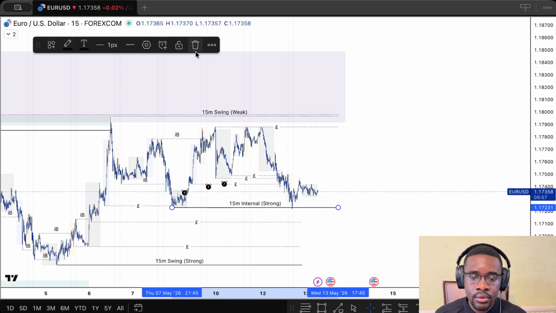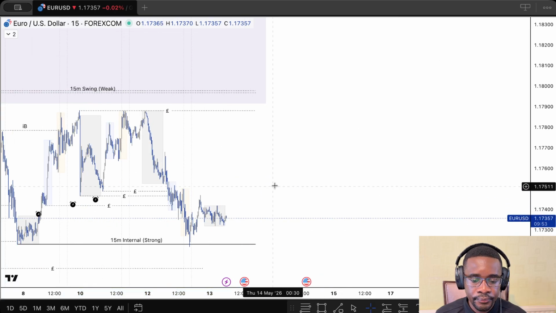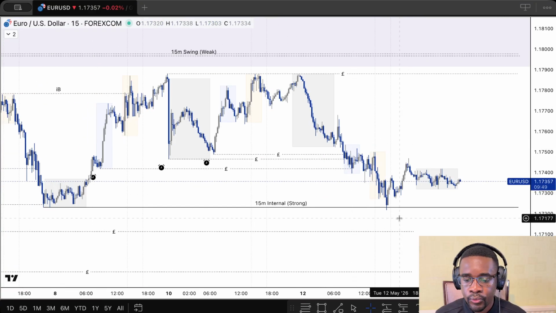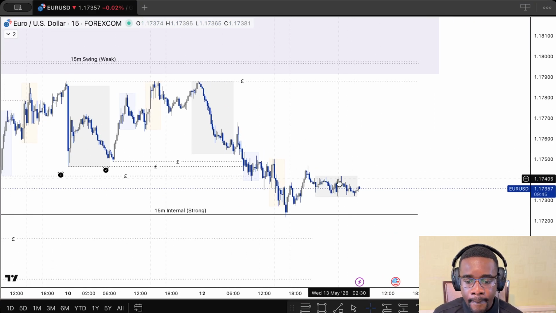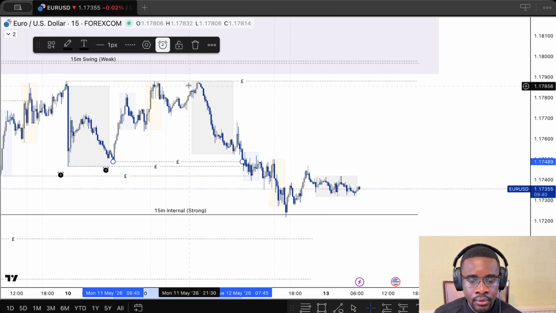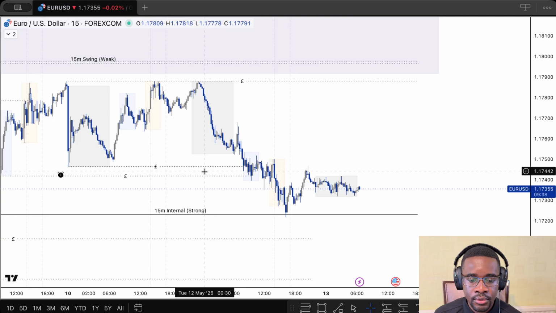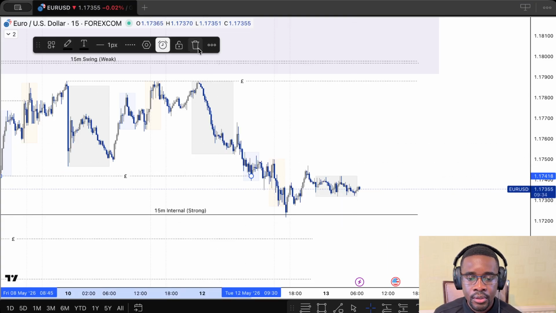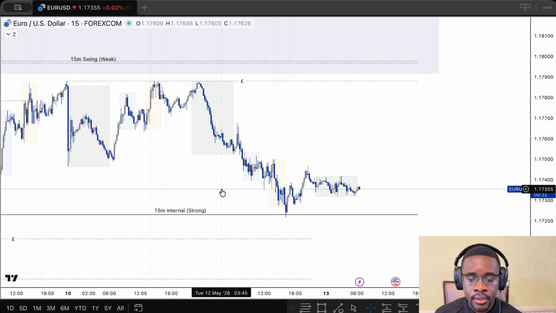And then this internal was swept. Get a sweep, and price comes up, had a reaction, and then one of these areas did not give enough reaction, so they're simply eliminated.